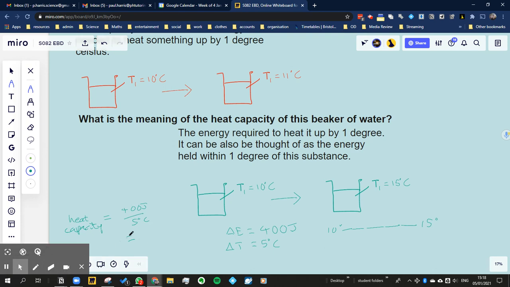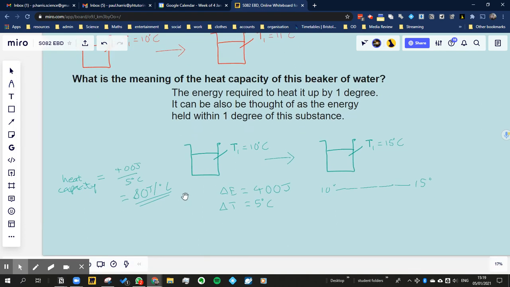See if you can work that out. Yeah, good. Now, what about the unit? Can you work out what the unit is based on what we've got written in front of us? We look at these units here, and we simply go joules divided by, or per, degrees C. So the unit would be joules per Celsius, joules per degree.